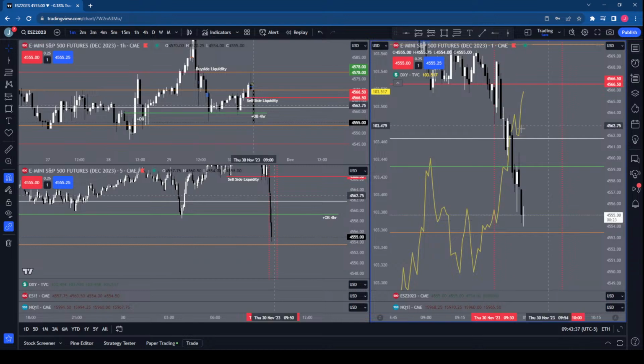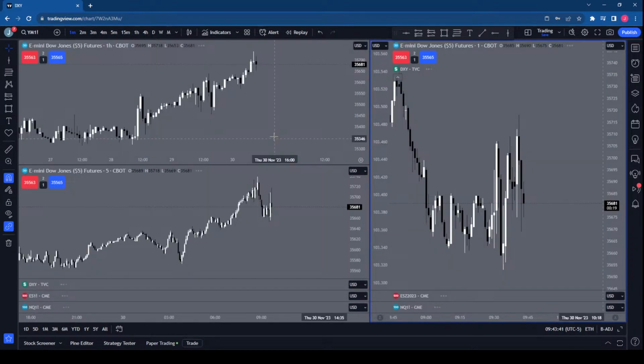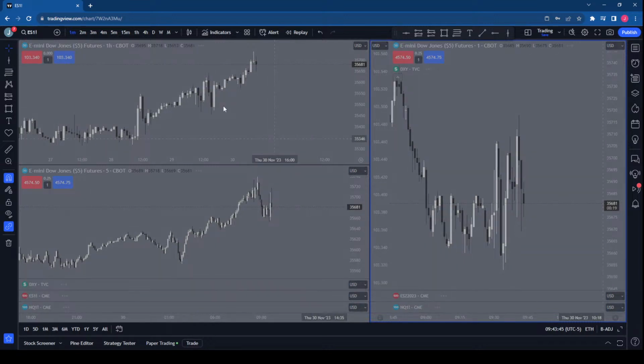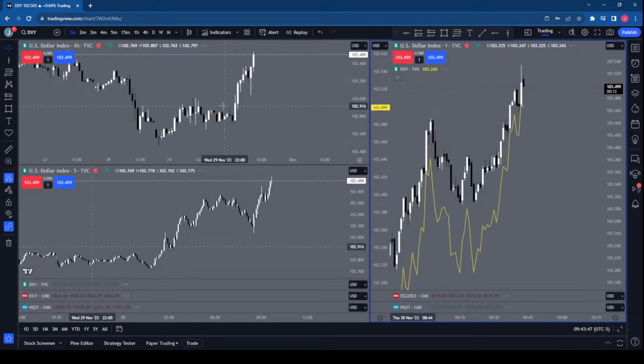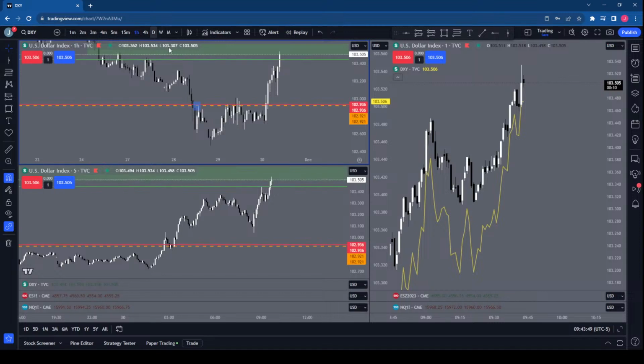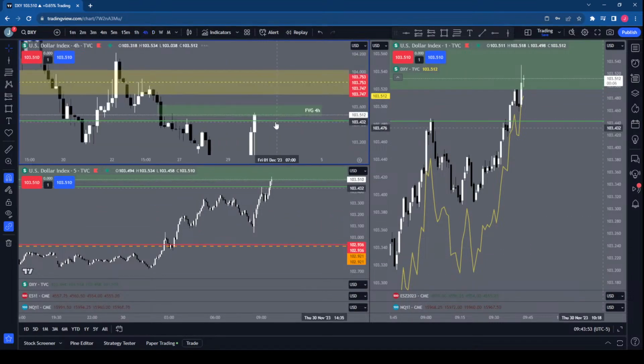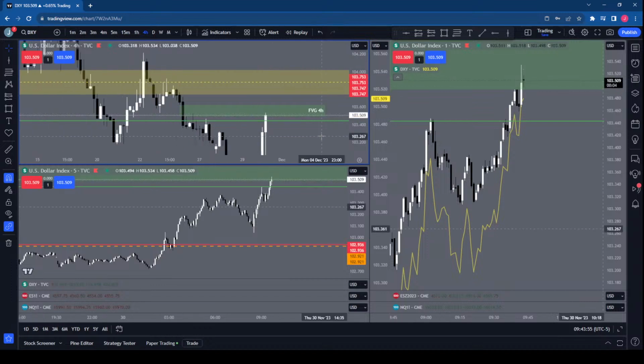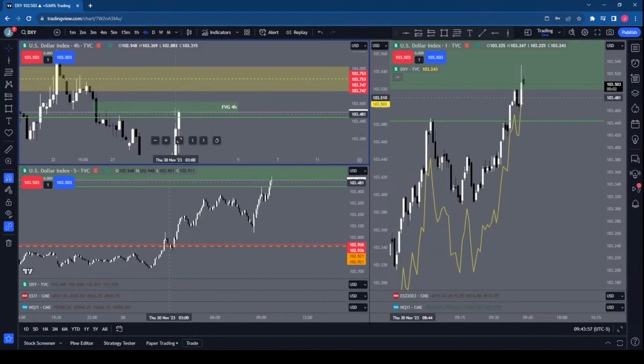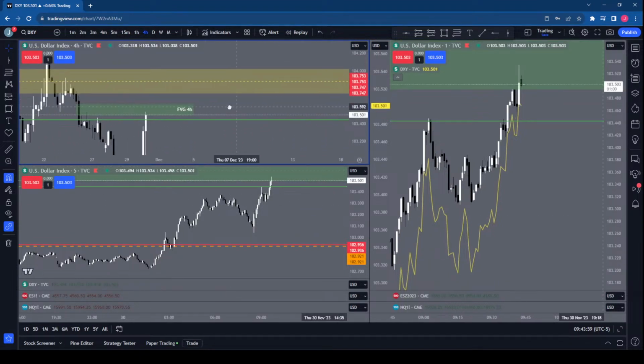Coming into 10, I'm probably going to look at the dollar. So, the dollar, we're coming up to that 4-hour fair value gap. I'd want to see us get above it.